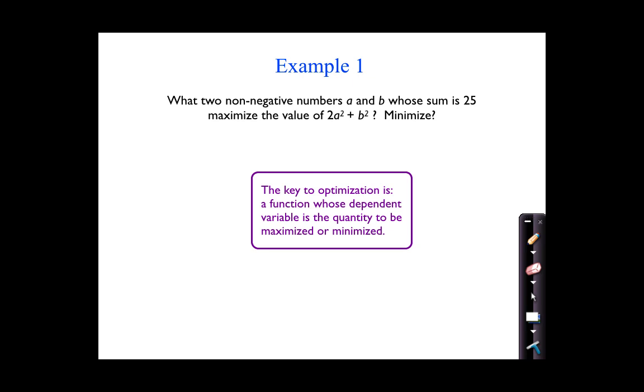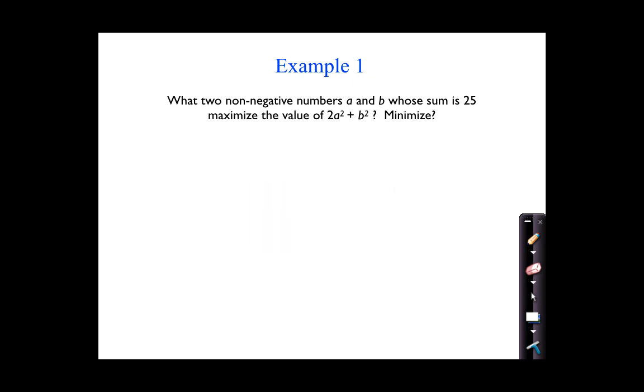Now, we do want it to be a function of one variable, so one input variable only. That's our slight issue right here. But we've got most of the structure right here. First we'll do the maximize. We're trying to maximize 2a squared plus b squared.